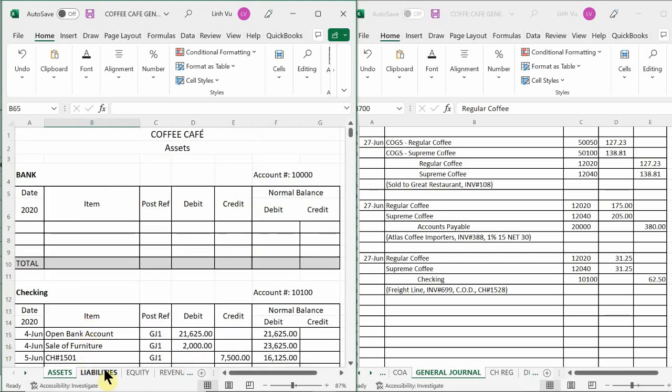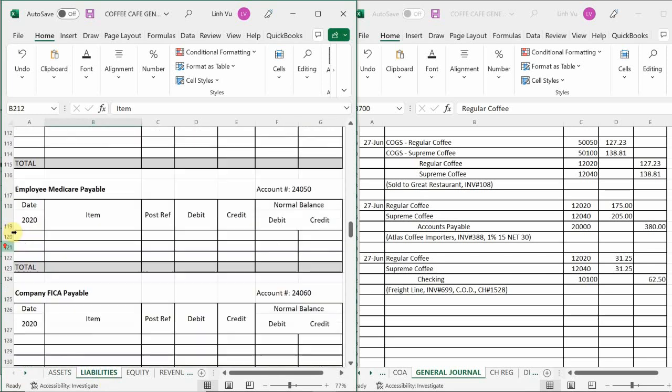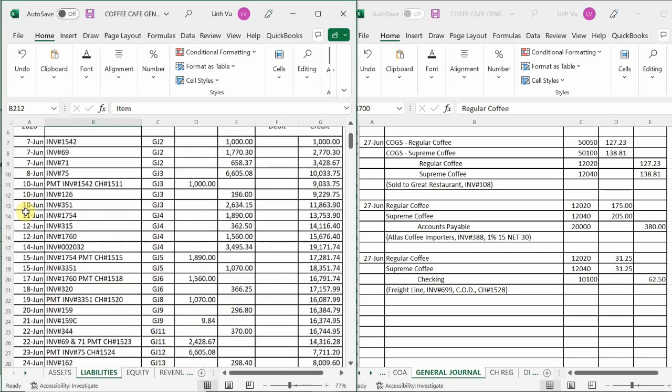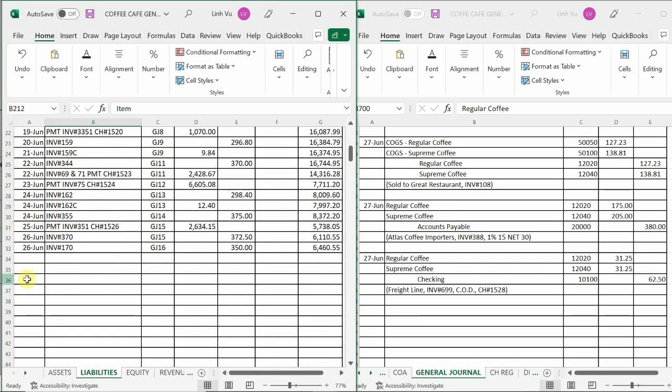And I'm going to go to liabilities because I now owe Atlas Coffee more money. For invoice number 388 for $380, right?